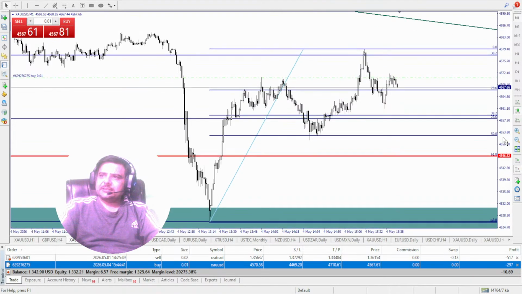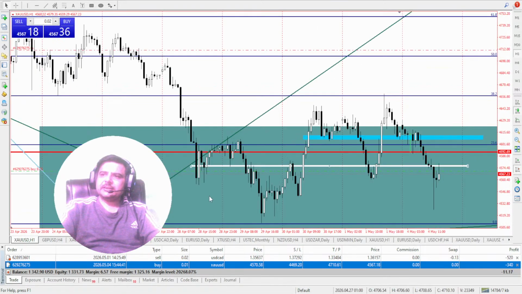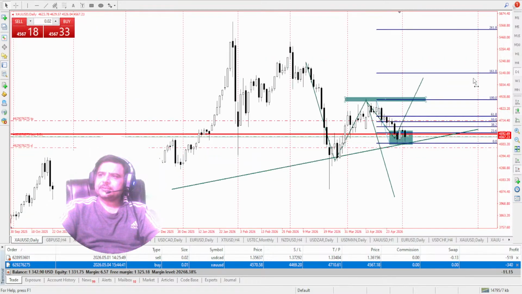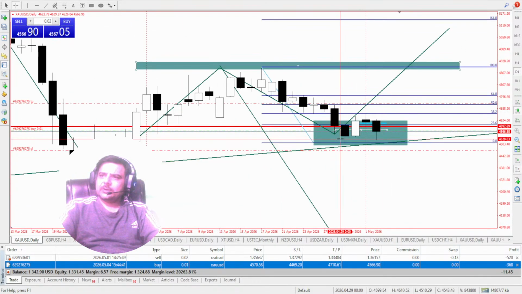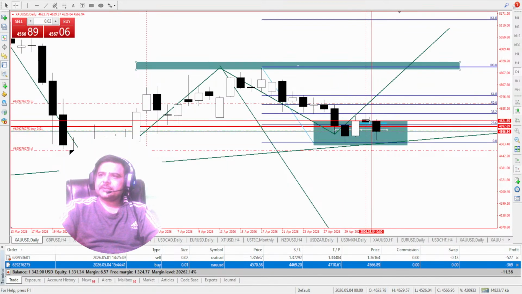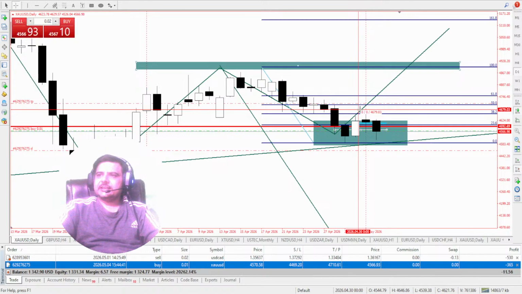So yes, but I have a very strong logic behind it. See, one day it already rejected from here, then another day it spent, then it formed a sell candle that suggests sellers are entering the market with anticipation to break it, but their liquidity is down near this area.